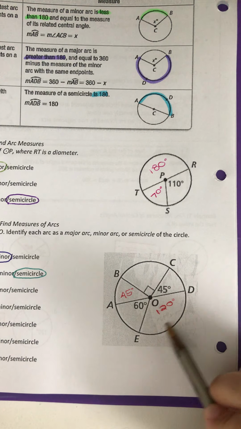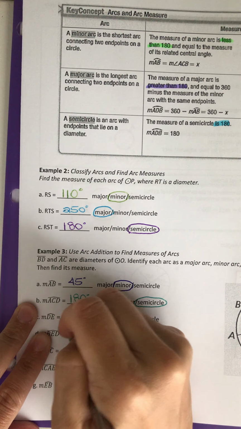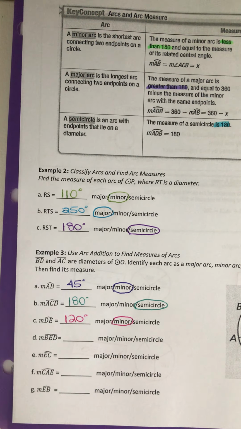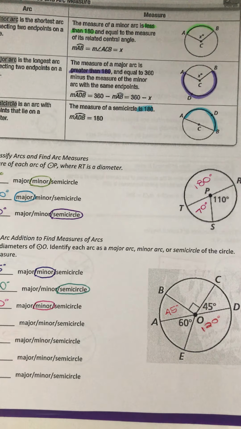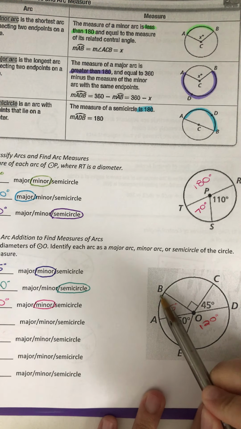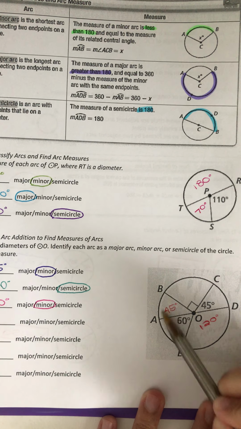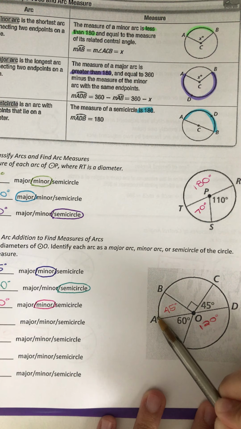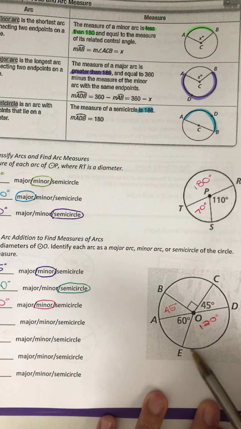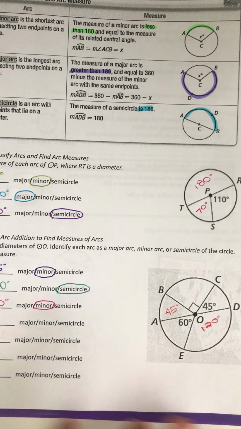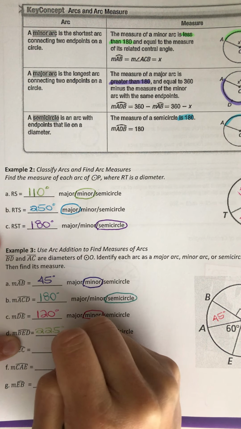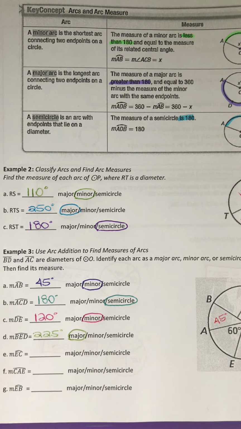DE is 120, which is minor. B to E to D, so you're still counting BA, because you're doing this whole thing around. So it's 45 plus 60 plus 120, which is 225, which will be a major arc.